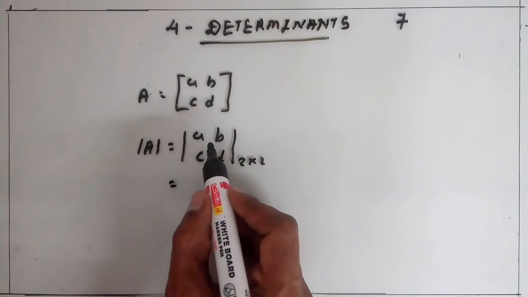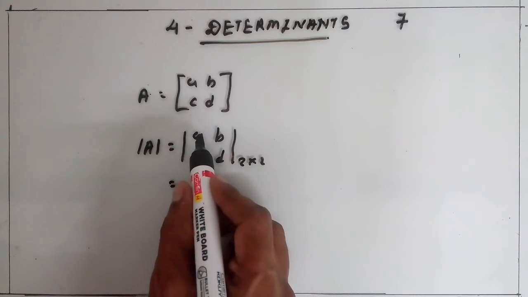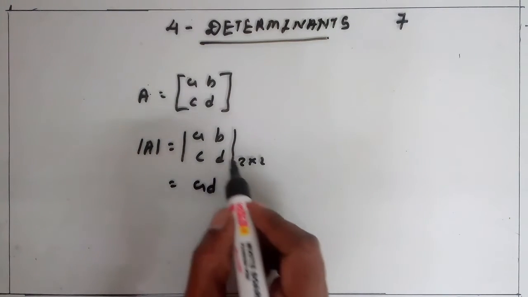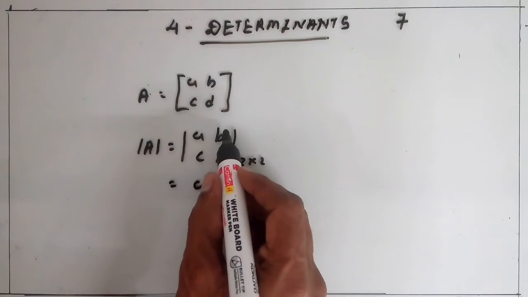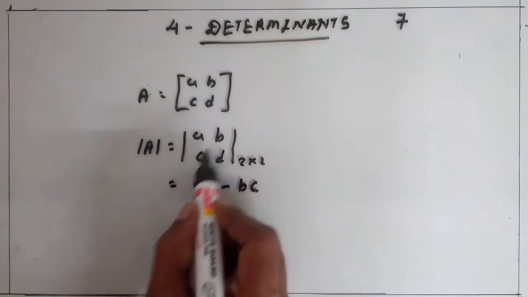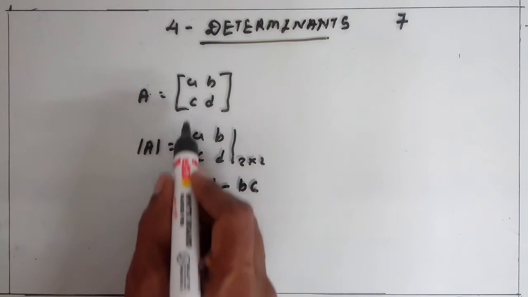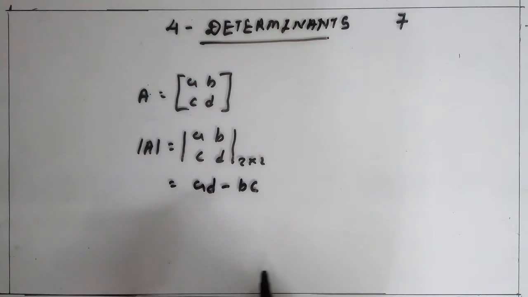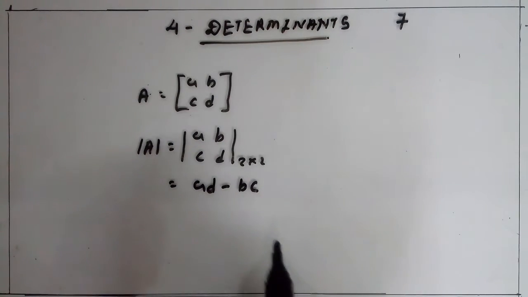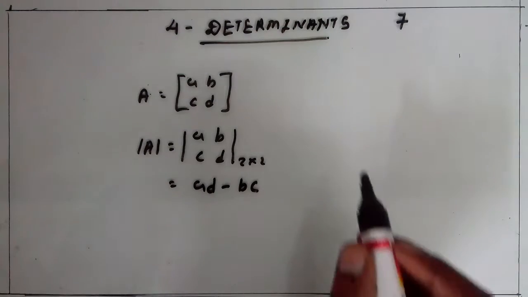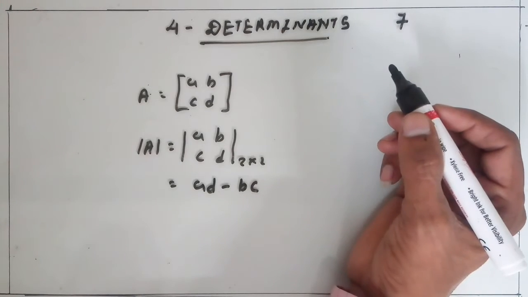And the value of this is equal to taking the product of the principal diagonal entries A into D and subtracting the product of the other diagonal entries B into C. So AD minus BC gives the value of this matrix, and this value is called the determinant of A. Here, the determinant of a given matrix is one type of value of a given matrix. So remember this definition of determinants.